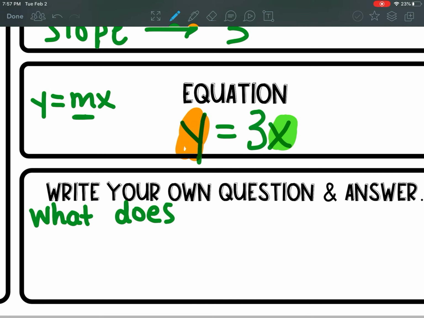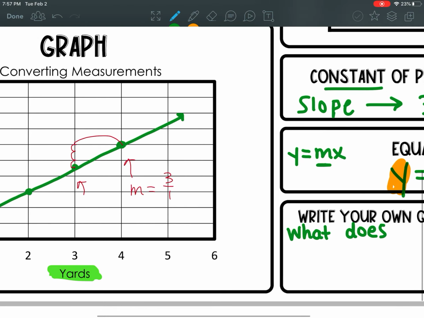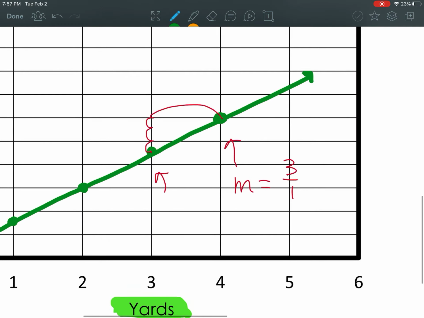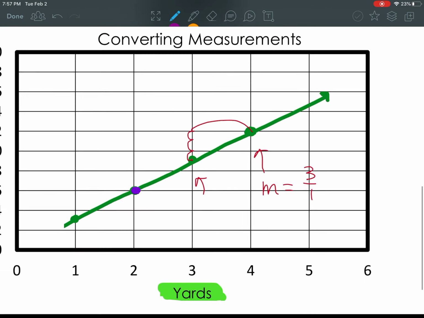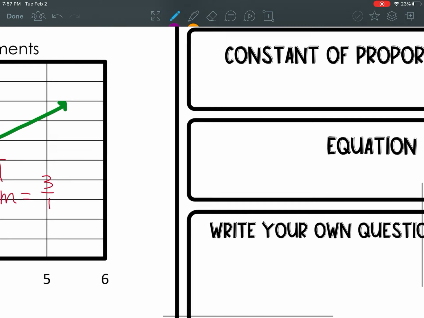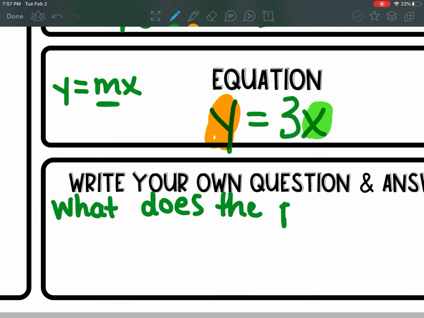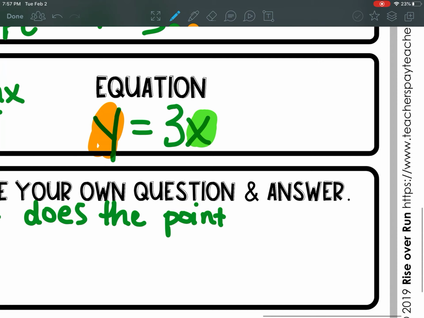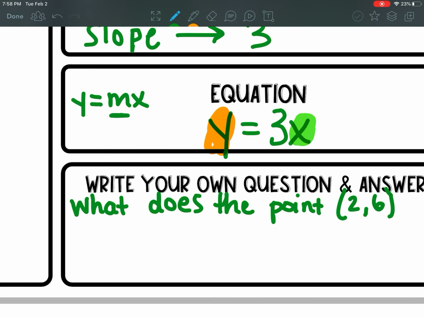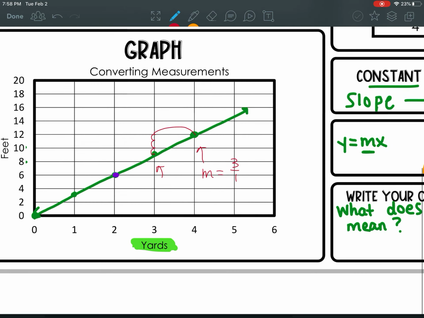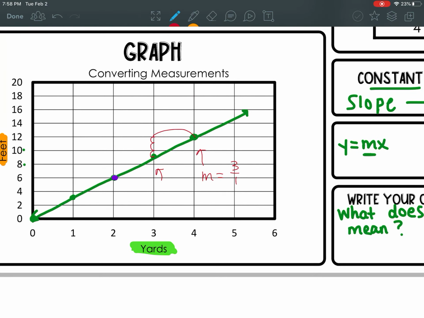So again, write your own question. Let's say, let's pick a point on this graph. Let's say this point here. I'm going to do this point, 2, 6, since they're both whole numbers. So what does the point 2, 6 mean? What does it represent?